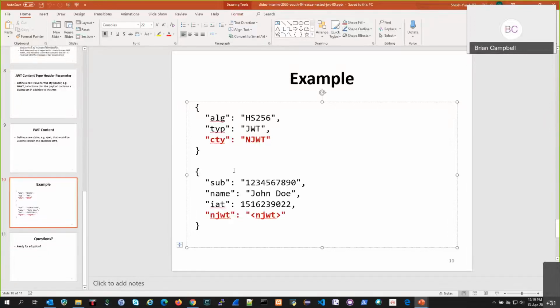So it's feeling like, I don't know, it doesn't seem necessary to me. The only reason I provided this is that I wanted it in the nested JOT, because I use the nested JOT concept, and the nested JOT has that definition that the payload will contain only the nested JOT.